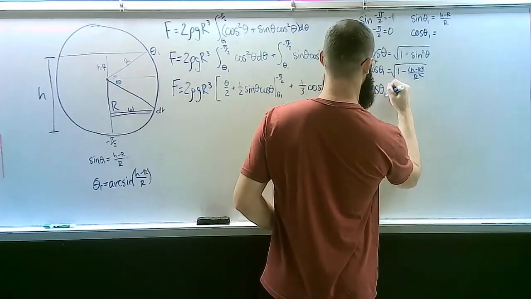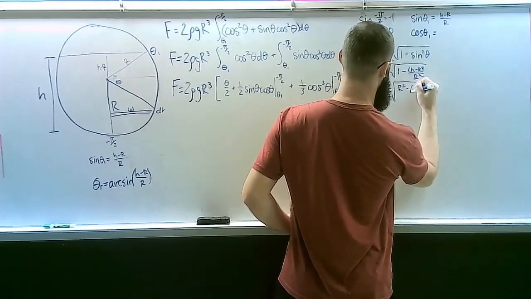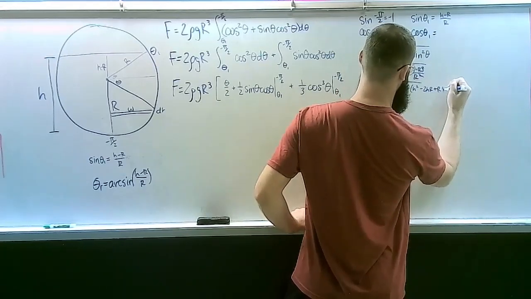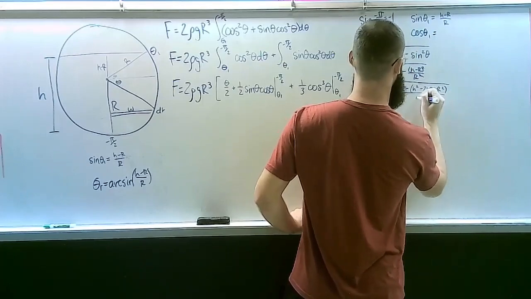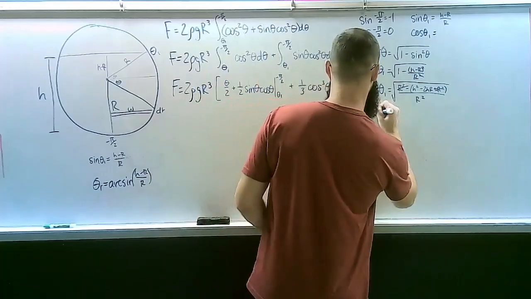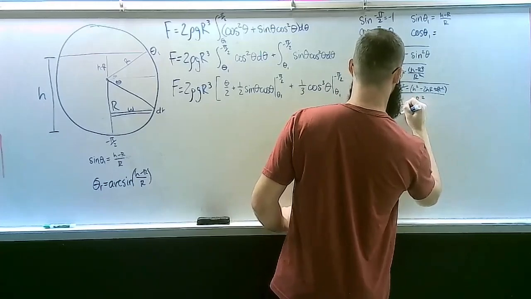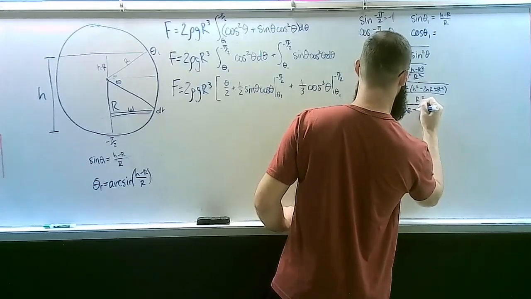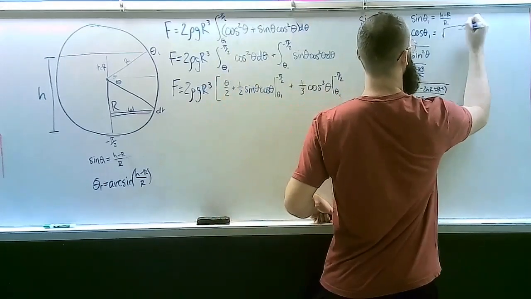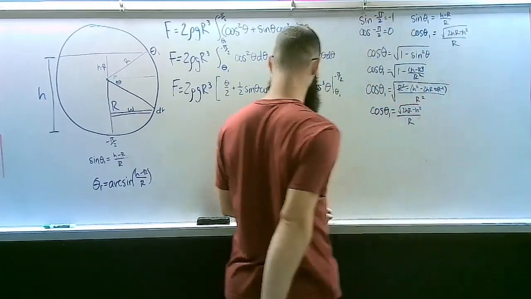So the common denominator there would be r squared. So I'm going to have r squared minus h squared minus 2hr plus r squared, all over r squared. So you see that r squared and that r squared cancel, which leaves us with cosine theta 1 is equal to the square root of 2hr minus h squared, all over r.